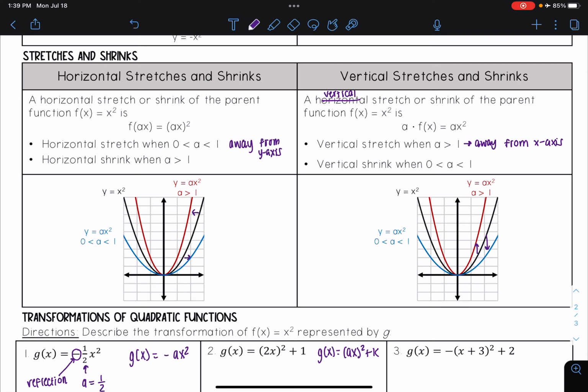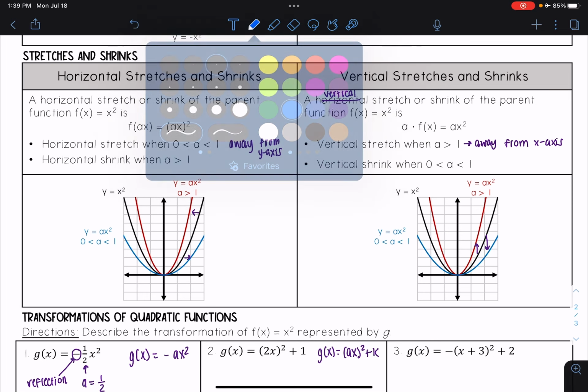But if you remember from the last unit when we were talking about linear and absolute value horizontal stretches and shrinks, your a value is actually going to be the reciprocal of whatever you see here. And I can make a note of that here.